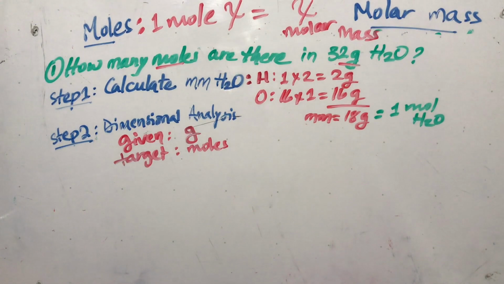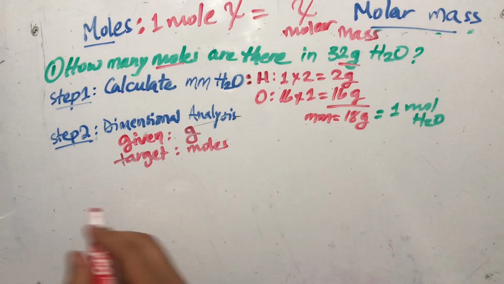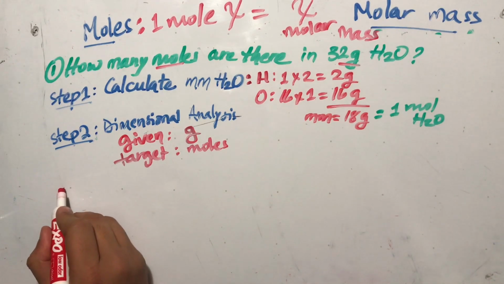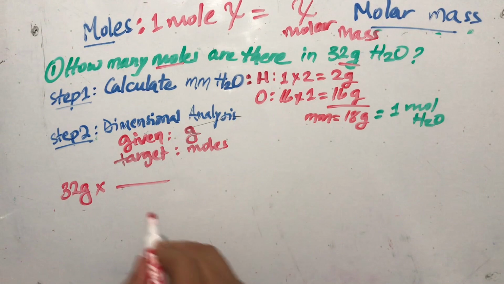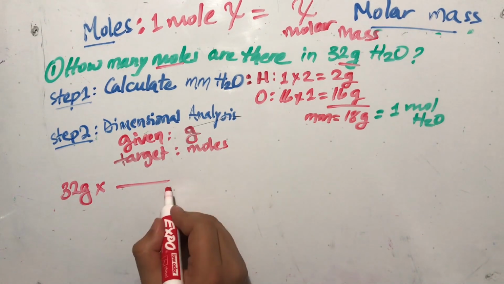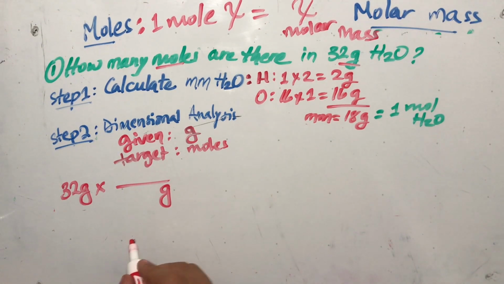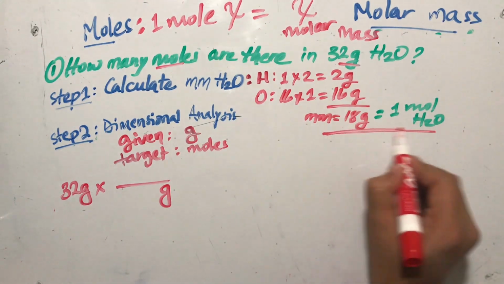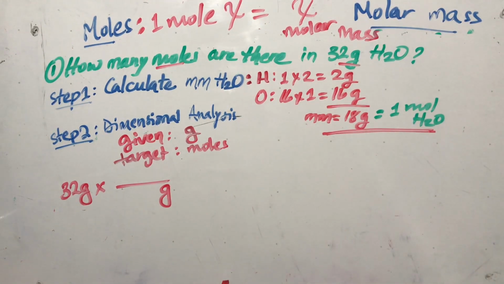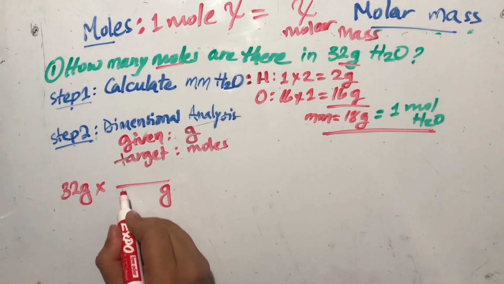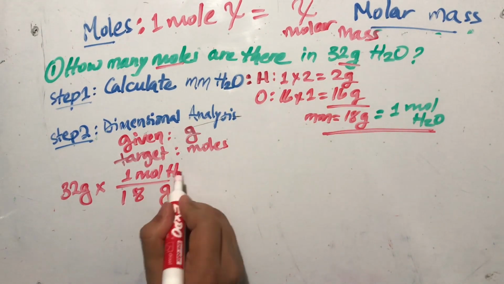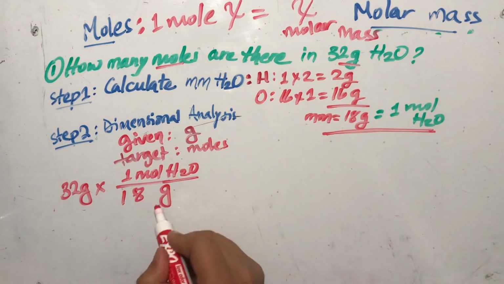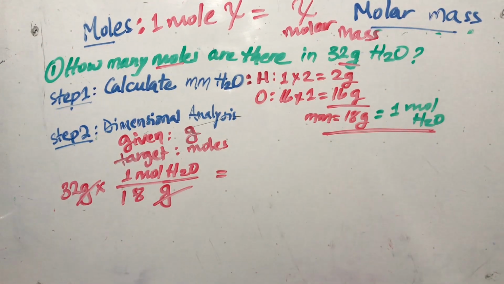Okay, now we go ahead and do the actual math. We first write the given value, which is 32 grams. Multiply that by a fraction; you want to get rid of grams, so write grams at the bottom, and here is the conversion that we need: 18 grams of H2O equals 1 mole of H2O. Okay, we cancel grams and grams, and we are on moles.